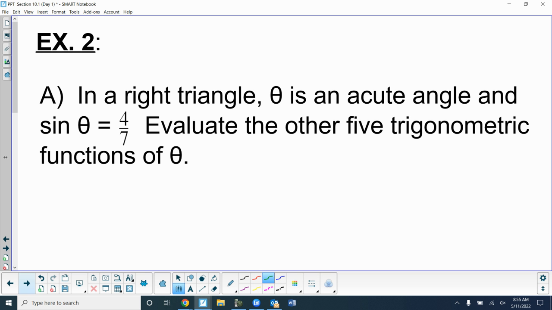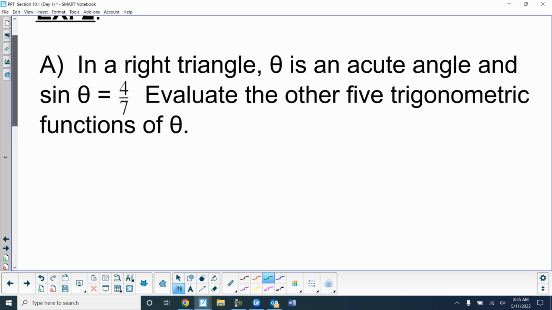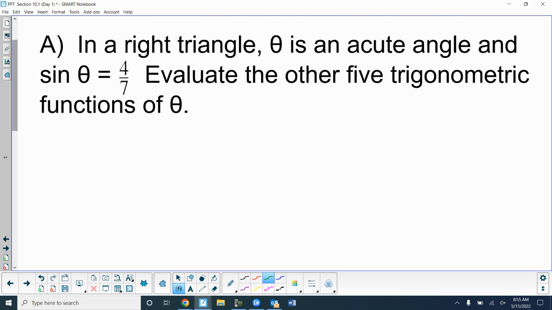It says in a right triangle, theta is an acute angle and sine of theta is 4/7. So draw a picture of a right triangle. Here's our right angle. You can put theta wherever you want. I usually put it down here, but it doesn't matter.